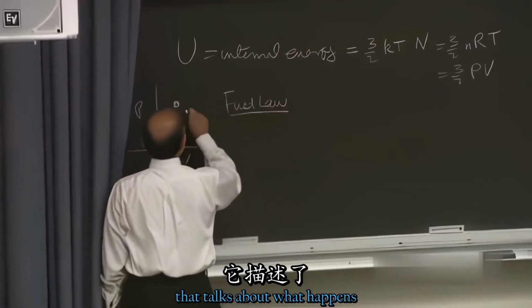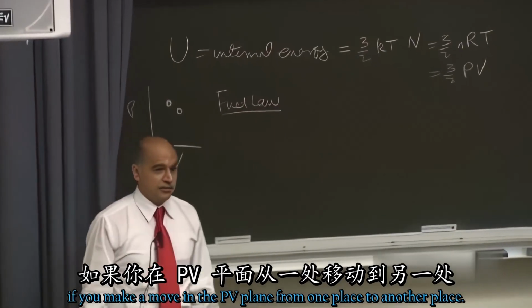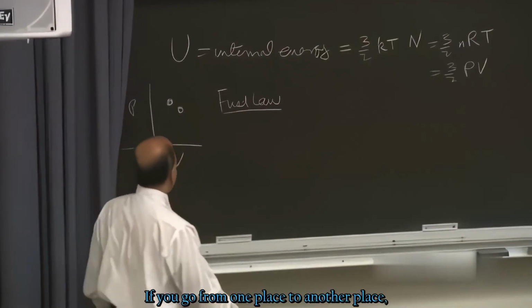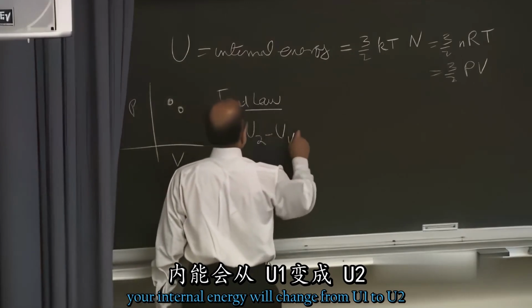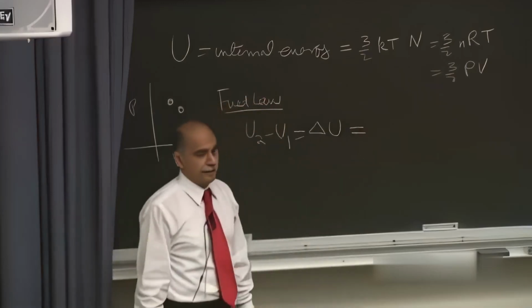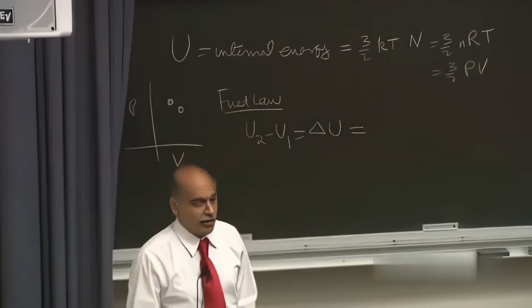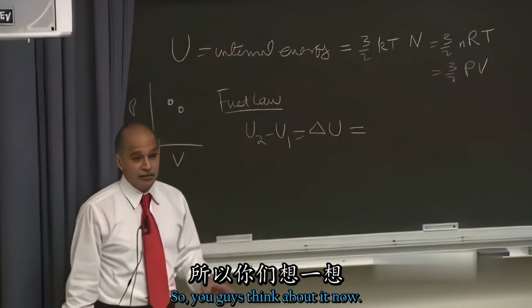that talks about what happens if you make a move in the PV plane from one place to another place. If you go from one place to another place, your internal energy will change from U1 to U2. Let's call it delta U. We want to ask what causes the internal energy of the gas to change. So you guys think about it now.